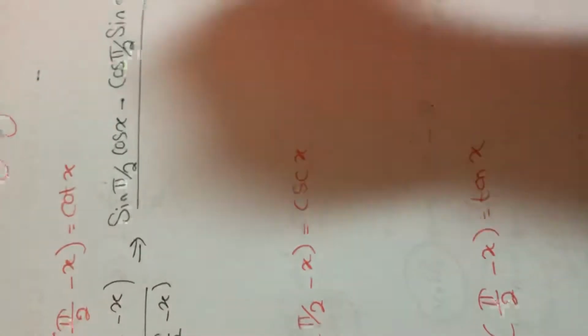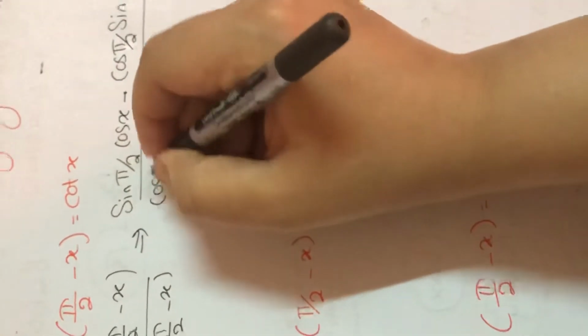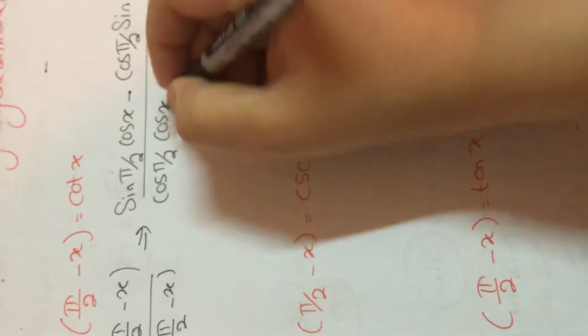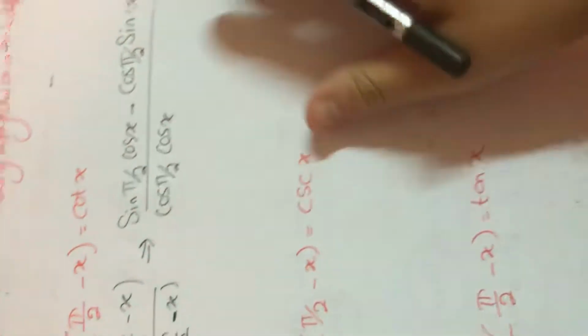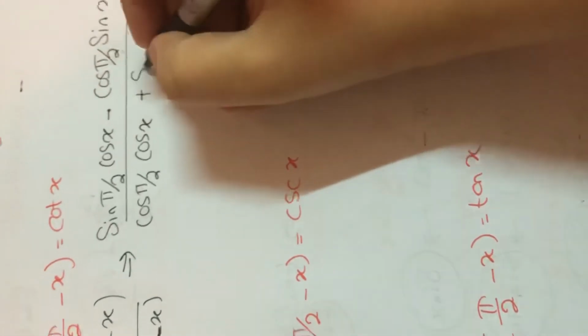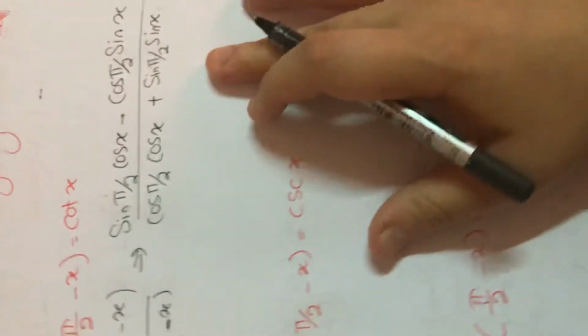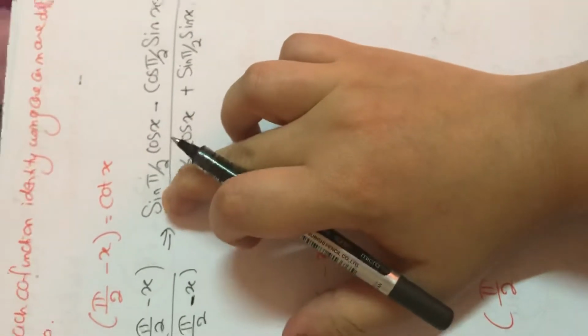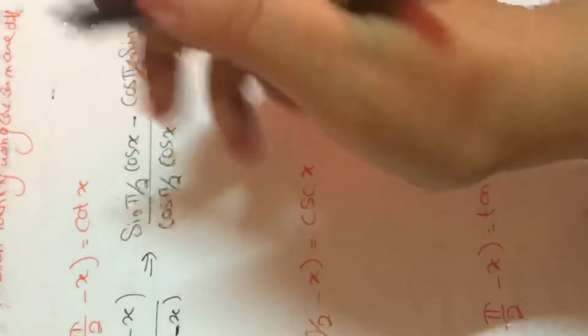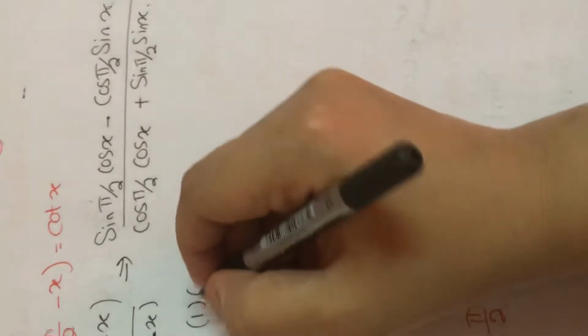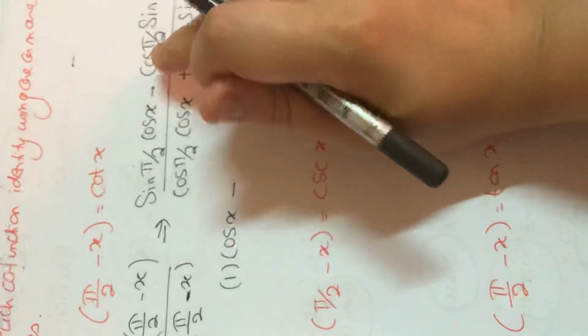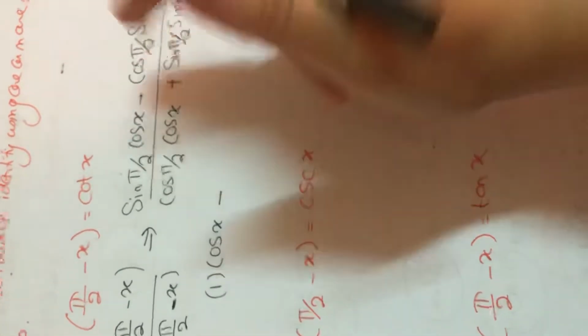Right? And here it's cosine cosine, cosine pi over 2 cosine x, and the opposite sign, so it's going to be a plus sine pi over 2 sine x. And let's evaluate. Let's get sine pi over 2. Sine at 90 is 1. So I can say it's 1 times cosine x minus cosine at pi over 2 is 0.